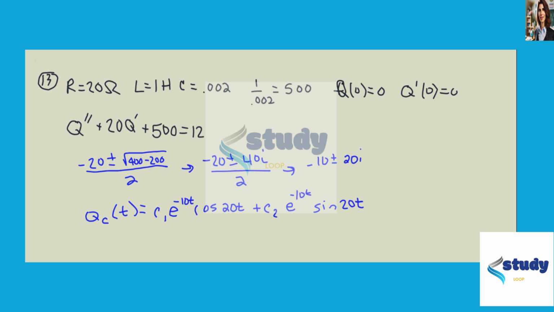So I'm going to let Q equal A, then Q prime would equal 0, as well as Q double prime. So I would have 500 A equals 12.